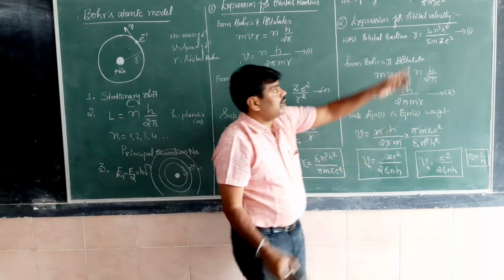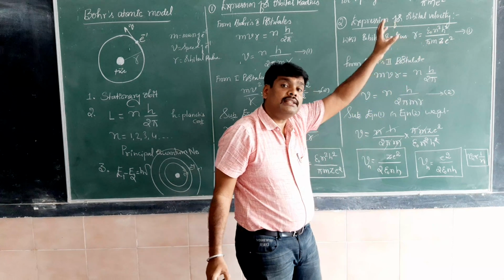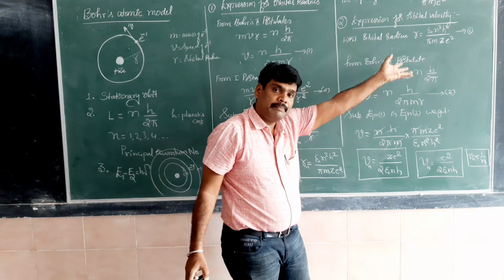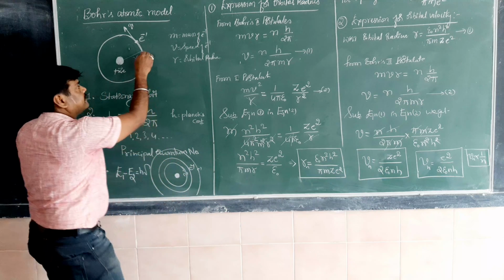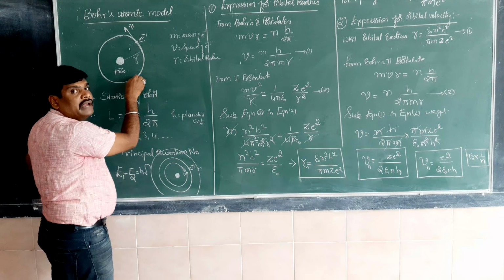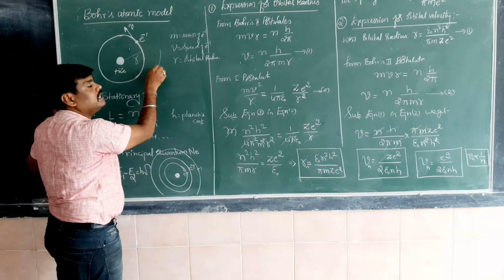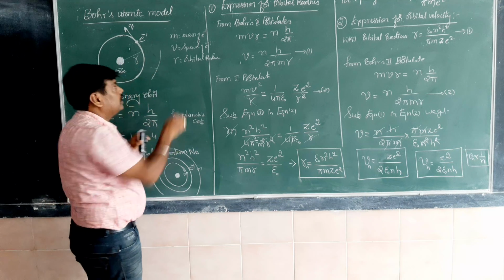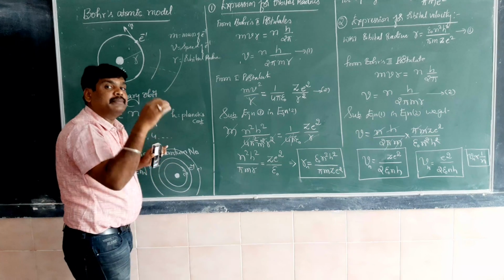If the principal quantum number goes on increasing, the orbital radius increases by square times. Clear? See here, if this is the first orbit having a certain velocity, in the second orbit the orbital radius increases and the speed decreases. In the third orbit, the orbital radius increases, again the speed decreases.